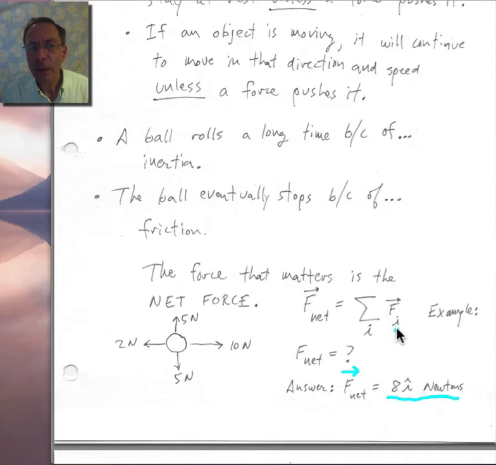So we could have force 1, i would be 1, plus force 2, i would be 2, plus force 3. When you add up all the different forces, like in this case there are 4 different forces, force 1, force 2, force 3, force 4, then you've got your answer, which was 8 newtons to the right.